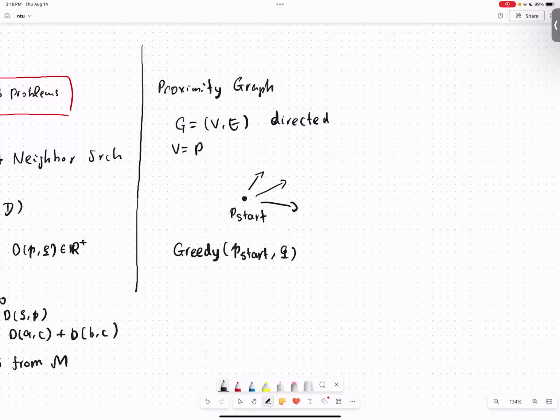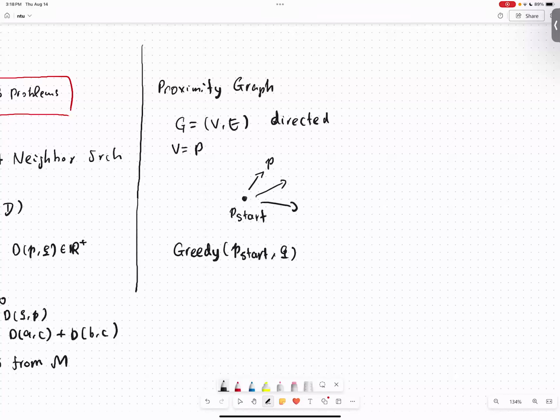By the way, this G is a directed graph. So let's say I am at the vertex P start, and I look at the out neighbors. Let's say I have 3 out neighbors. I look at all of them. For each out neighbor, let's say for this one, P, I calculate the distance between P and Q.